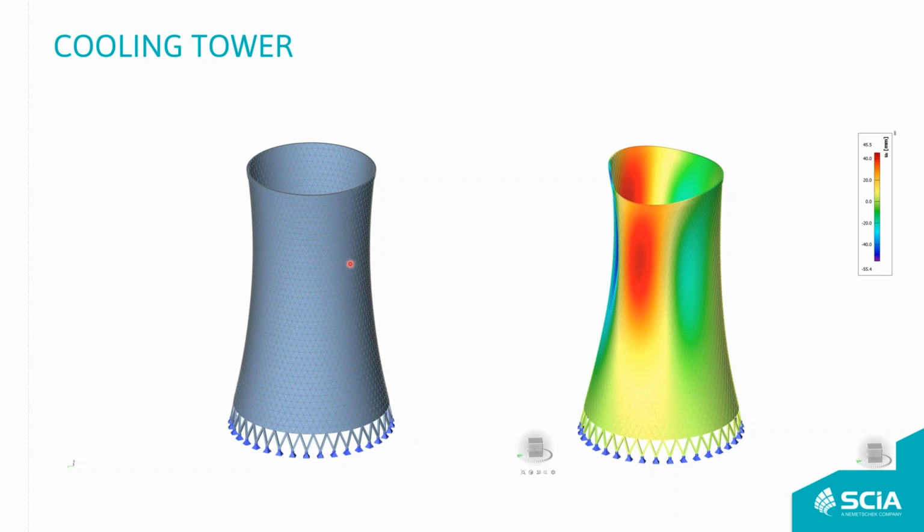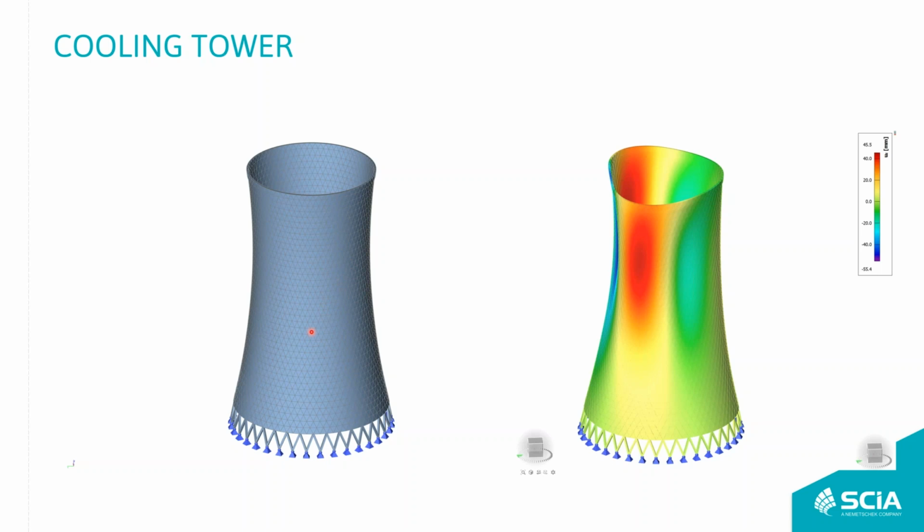At least for me and my knowledge of the geometry, it's a very complex structure for the modeling. It's some hyperboloid, and it's not easy to model by hand, let's say, in SCIA Engineer.